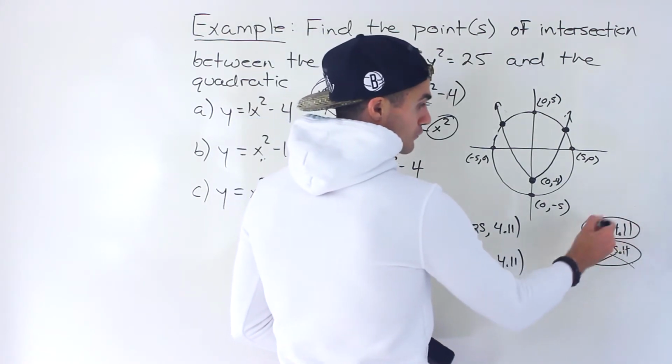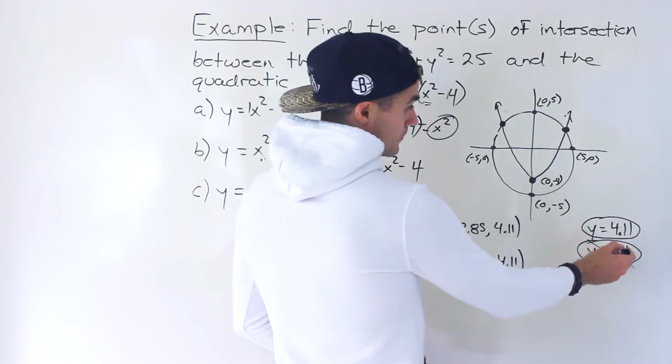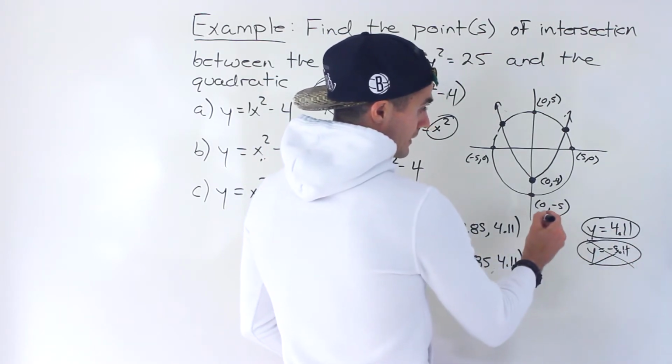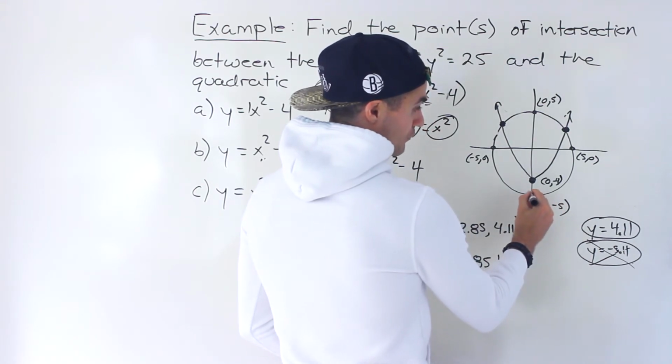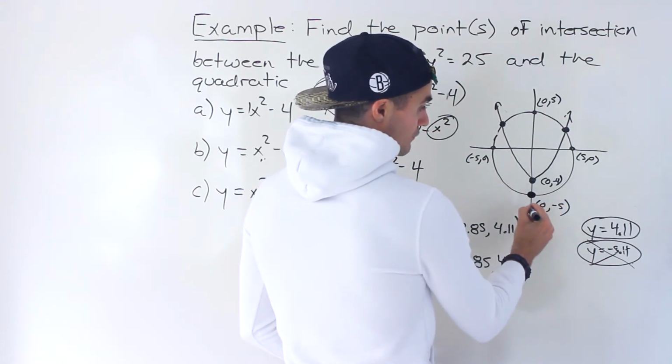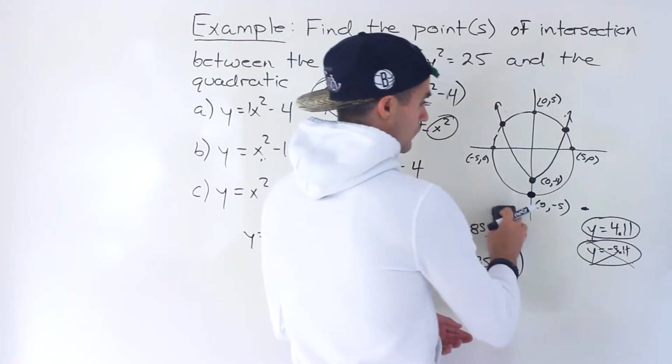That's actually another thing I forgot to mention. When we got these values, notice that this negative 5.11 is actually outside of the circle, because this is a negative 5 y value. So negative 5.11 is somewhere down here. It wouldn't make sense to get points over there, right?